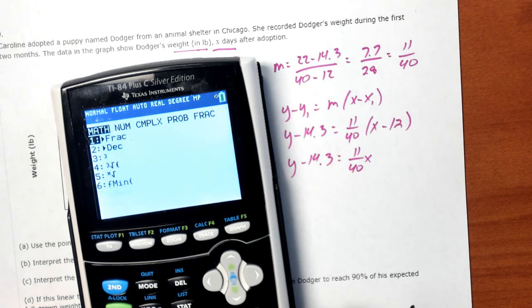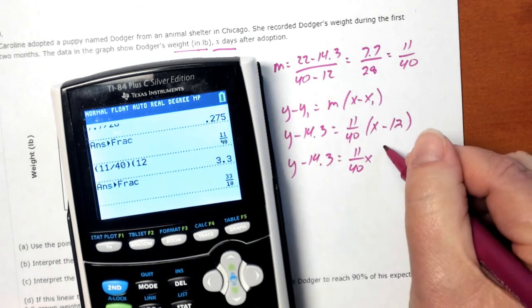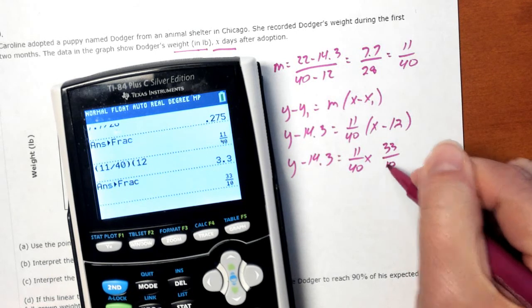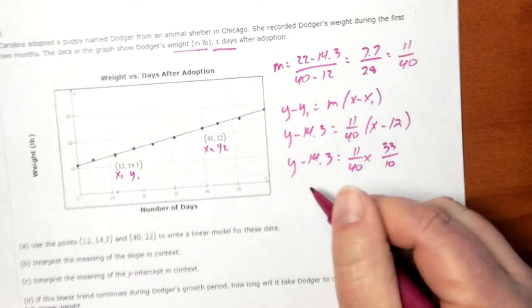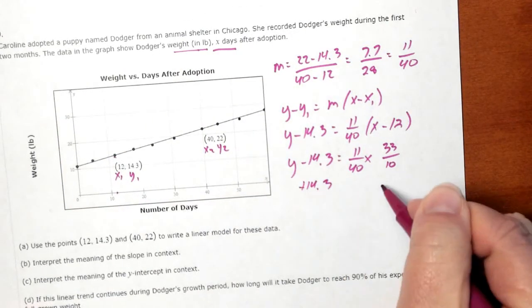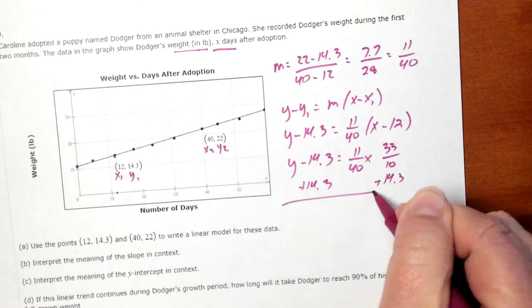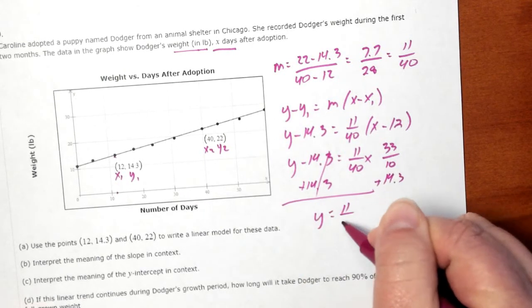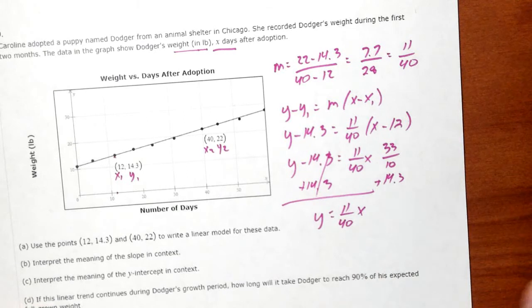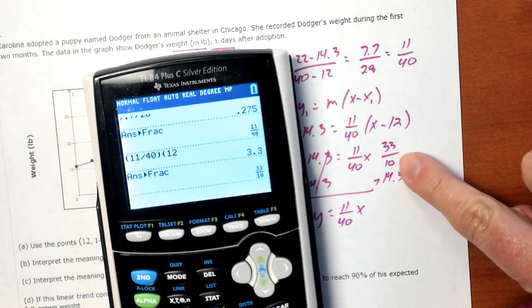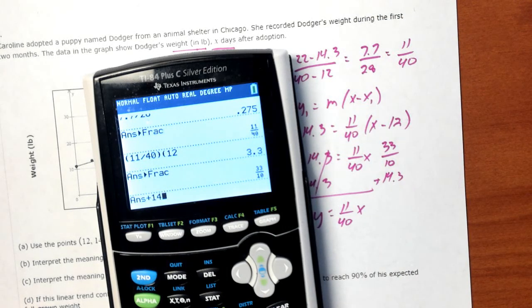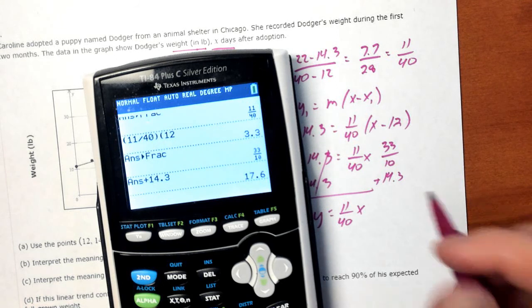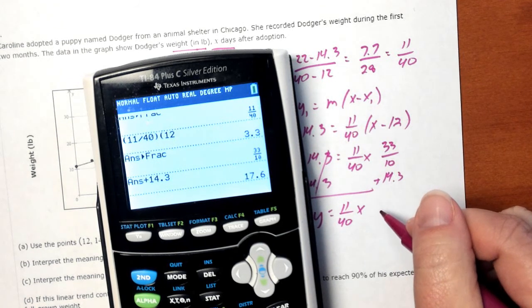Of course, it's a decimal. If I turn it into a fraction, I get 33 over 10. And then I'm going to add my 14.3 to both sides. And y equals 11 over 40x. And then I've got my 33 over 10, and I've got to add 14.3. So that comes out to be 17.6.